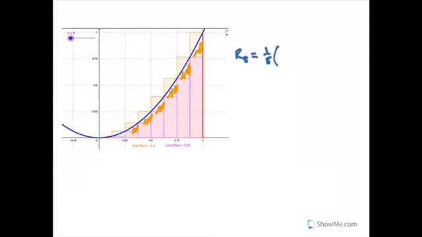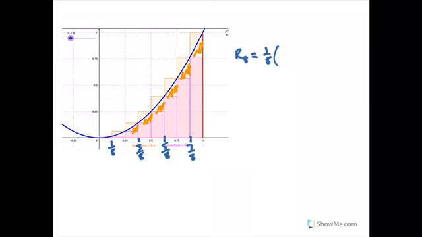So I'm going to get 1/8, 2/8, 3/8, 4/8, 5/8, 6/8, and 7/8 as each of my x values that we have to calculate the y to go with it.